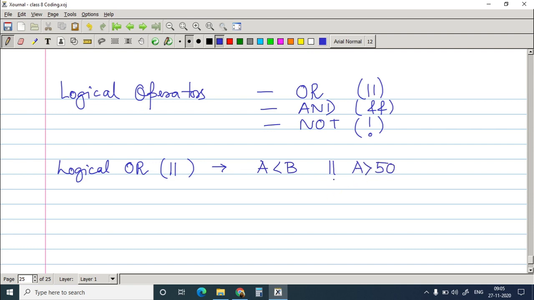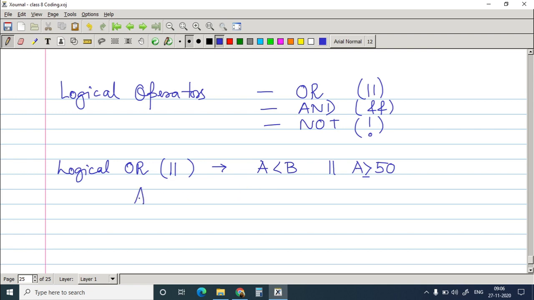When you're using logical OR, you will have to study whether each is true or false.